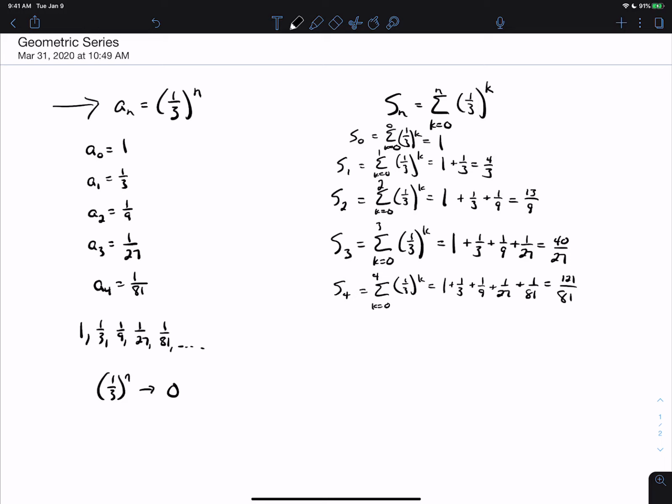Okay, and so the sequence on the right is the sequence of numbers 1, 4/3, 13/9, 40 over 27, 121 over 81, and so on. This is still a sequence. It's a sequence of partial sums.